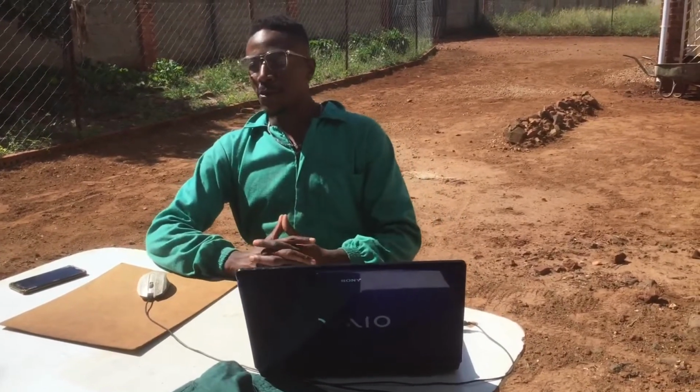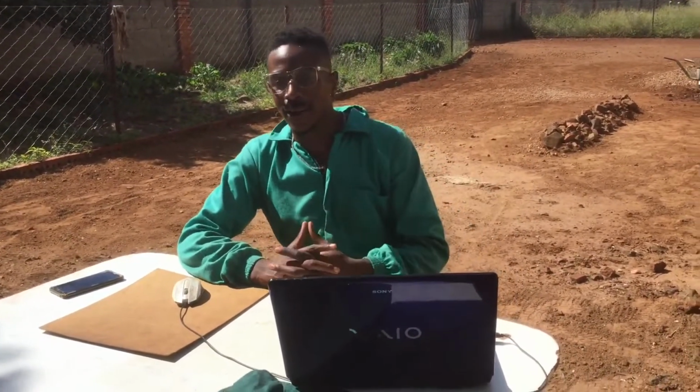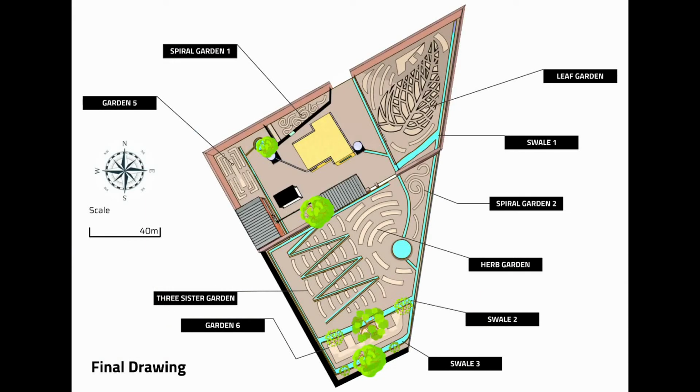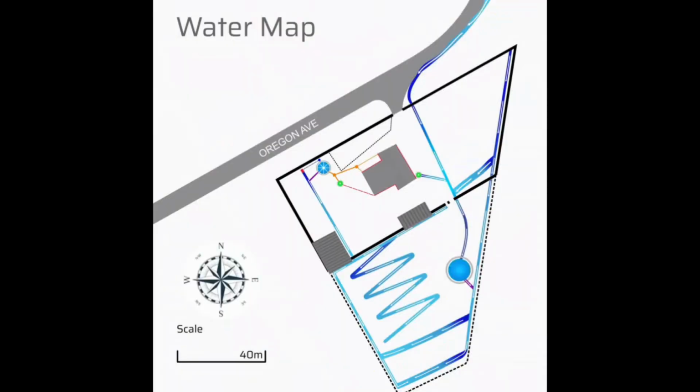So before we get on with the management of chickens and rainwater harvesting and all those other topics, I'm just going to briefly go through the design. My design was to address rainwater harvesting from the roof into storage tanks, and also harvesting some water from the road into trenches that will take the water into swales where I would have planted my trees.